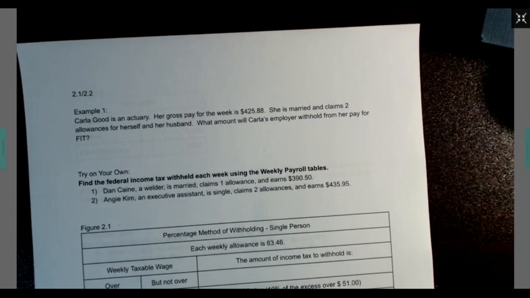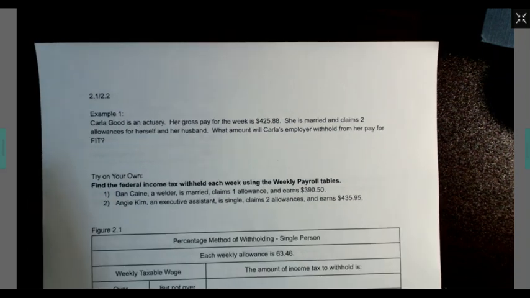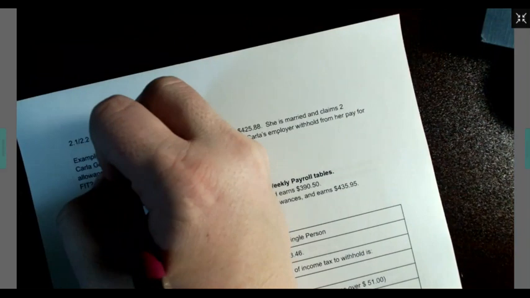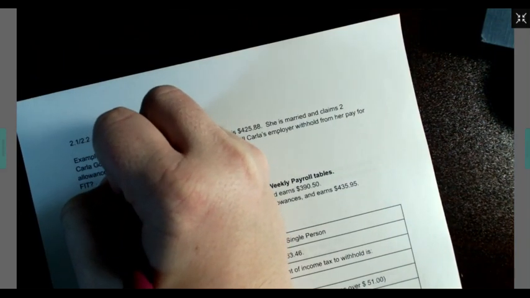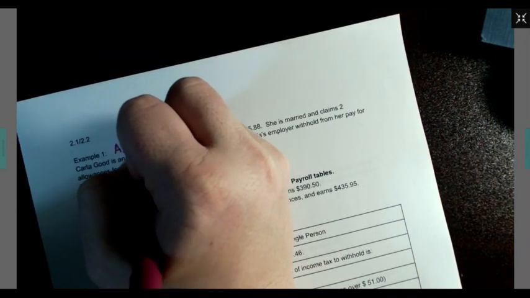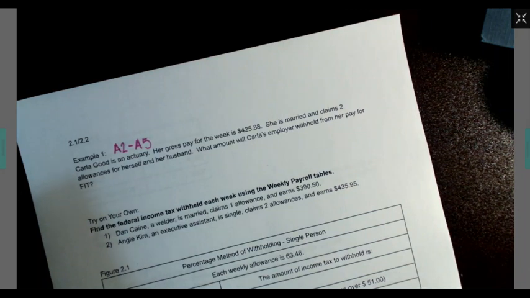Now, in order to find this, you're going to need the book. These are the blue books that are in the back of the classroom. We will be looking at pages A2 to A5.